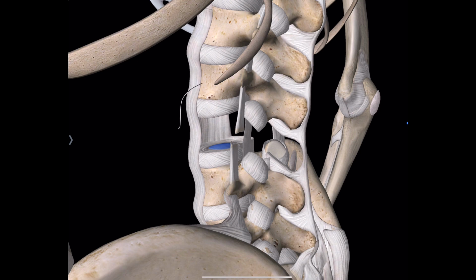They compress in the front, anteriorly, and then it stretches the structures in the back. So the facets kind of open up, and you compress in the front.